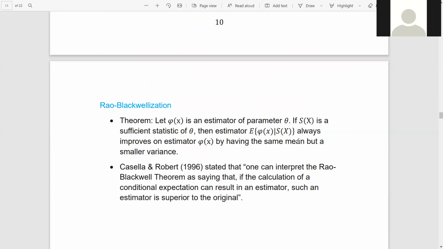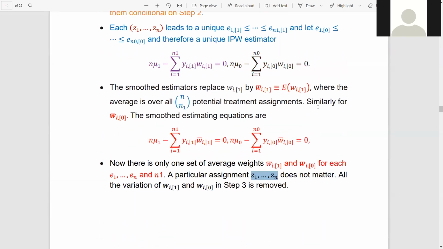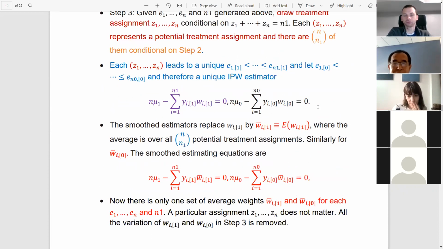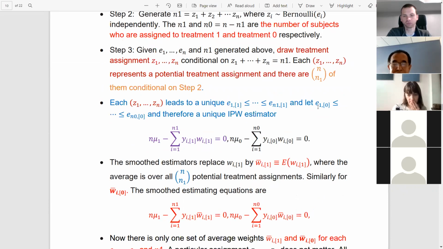Okay, so Dr. Liao, may I ask a question here? Yes, yeah. Isn't YI bracket 1 changing as well, given each Z1 to Zn? Is it fixed? Yes. What will be your YI1 when you replace WI by WI bar? Yeah, so glad you asked that question.